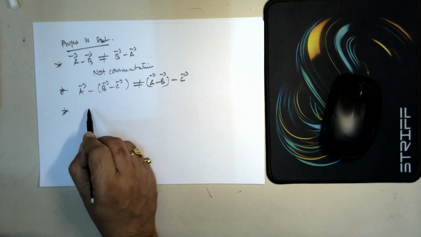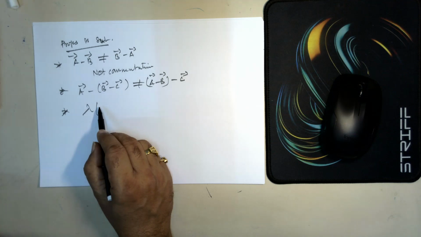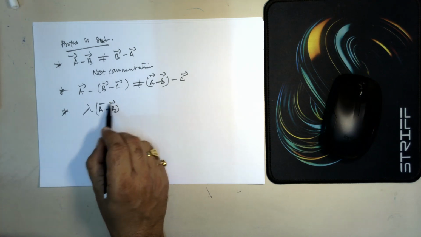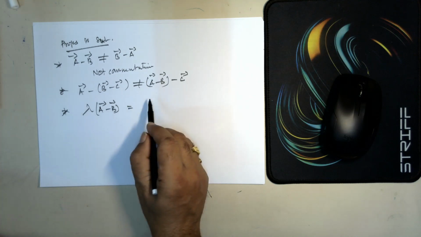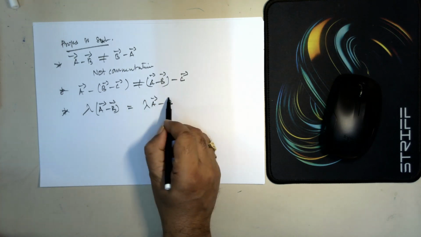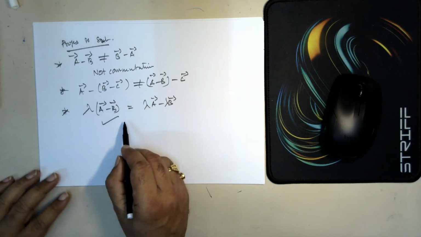And let lambda be a scalar quantity, an arbitrary constant. Then lambda times (A minus B) is equal to lambda A minus lambda B. Of course, this is distributive.